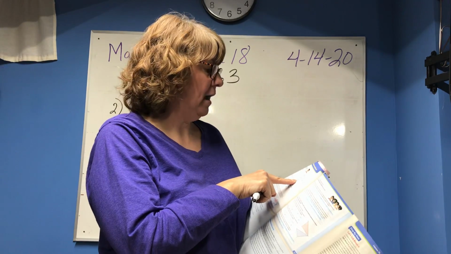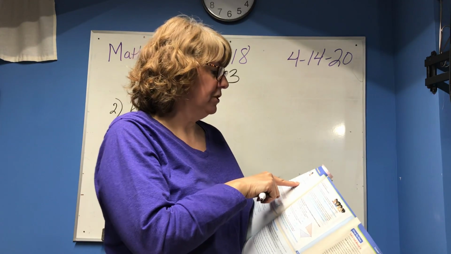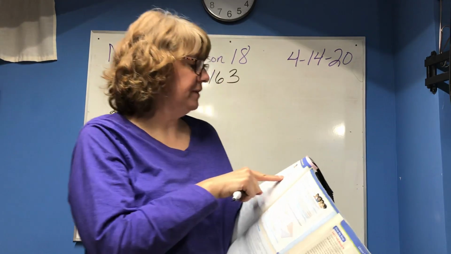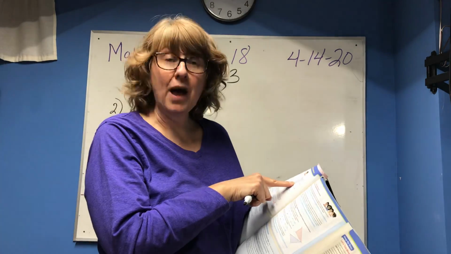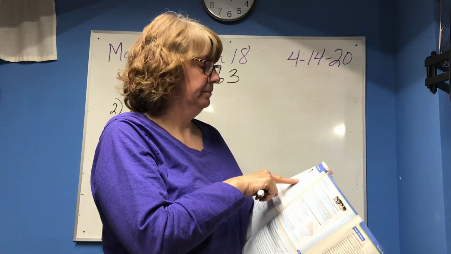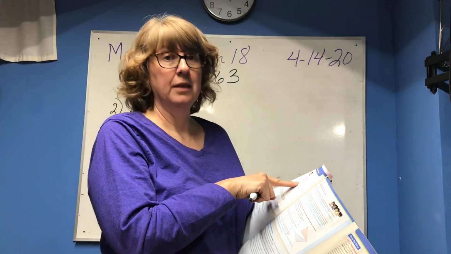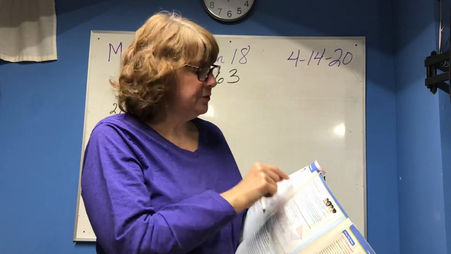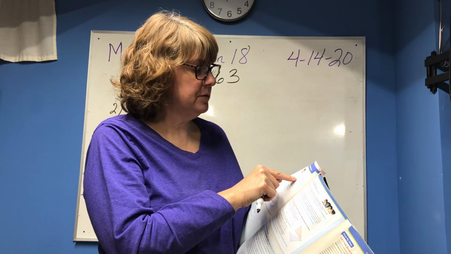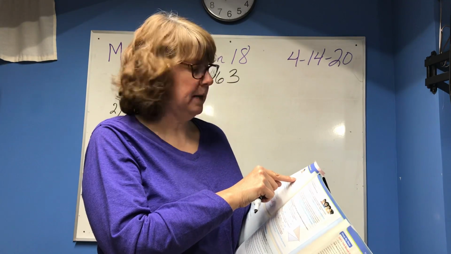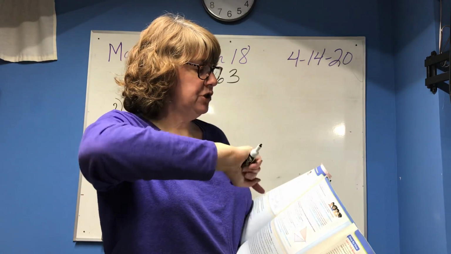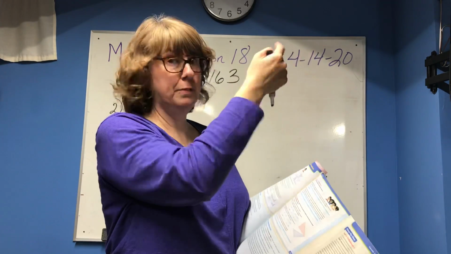If you figured it out, this is a rotation. They turn the figure 180 degrees around the origin. Do you remember what the origin is? The origin is 0, 0. So if you take your pencil and put it at 0, 0, on a piece of tracing paper, and you rotated that shape 180 degrees, that would be counterclockwise.